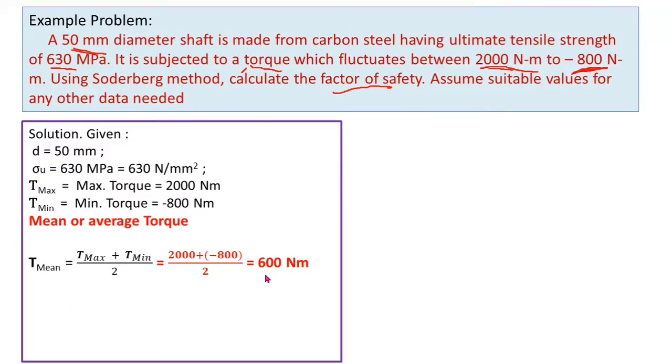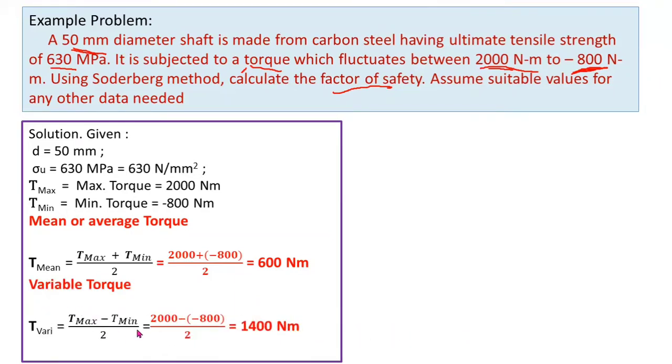This one is the mean torque. Already we know the formula for variable torque: T variable equals maximum torque minus minimum torque by 2. Maximum torque is 2000 and minimum torque is minus 800, so 2000 plus 800 equals 2800 by 2, that is 1400 Newton meter. This one is the mean and variable torque.